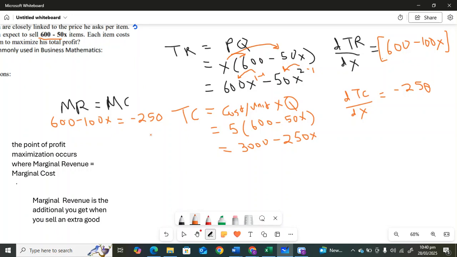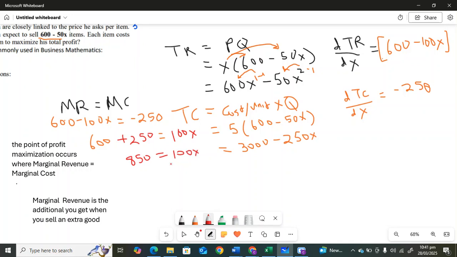Then we solve for x. Grouping like terms, this negative 250 is going to cross over the equal sign, so it's going to become 600 plus 250 equals, this negative 100x crosses over the equal sign, becomes positive 100x. 600 plus 250, 850 divided by 100x.